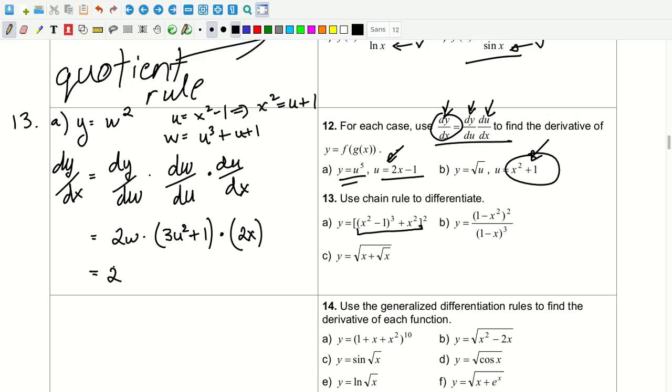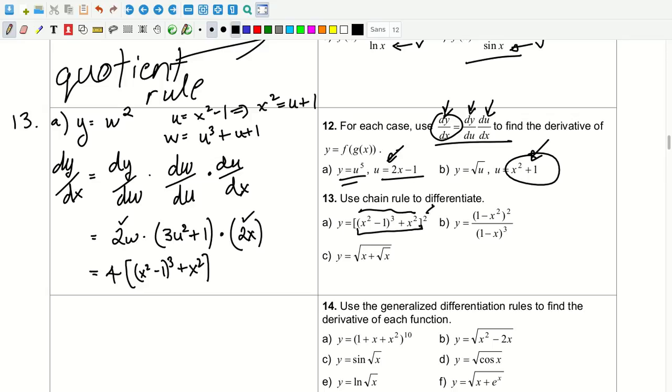So these coefficients, this one and this one, will combine for a value of 4. w is this whole thing, so I'm going to put a big bracket: w is (x squared minus 1) cubed plus x squared.